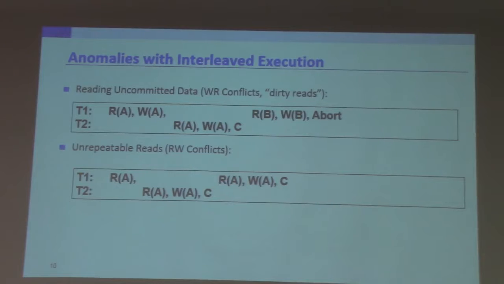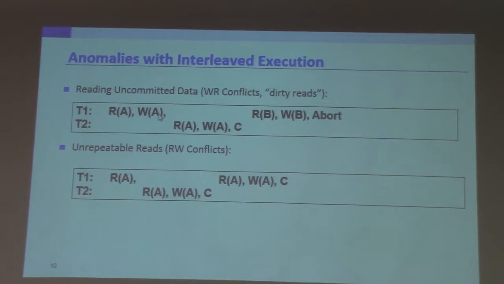Yep, that's right. This goes back to cascading abort, which I think I've talked about, meaning the rollback or abort of one transaction leads to the rollback and abort of other transactions. If you allow WR conflict to exist in your schedule, meaning you allow one transaction to read uncommitted data from another transaction, you introduce a potential risk of cascading abort.